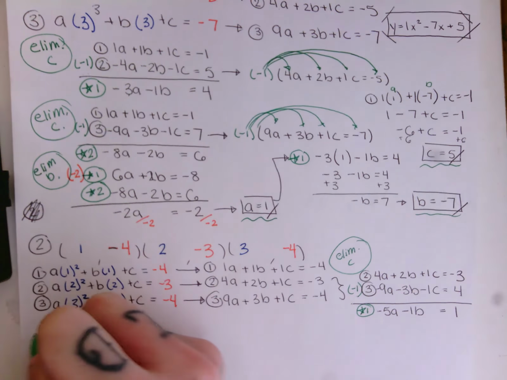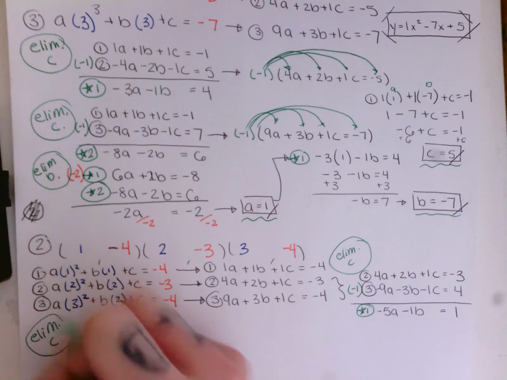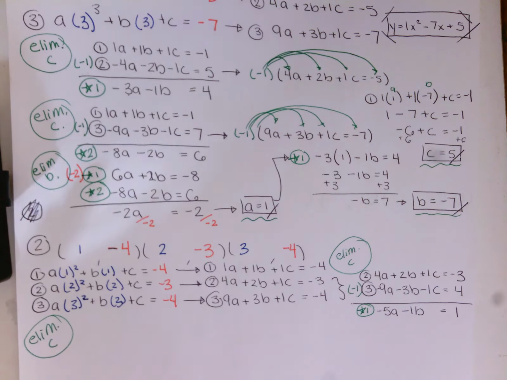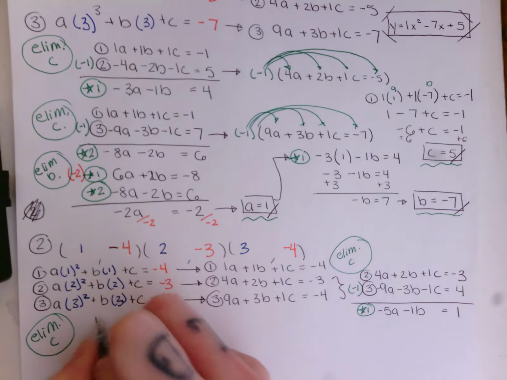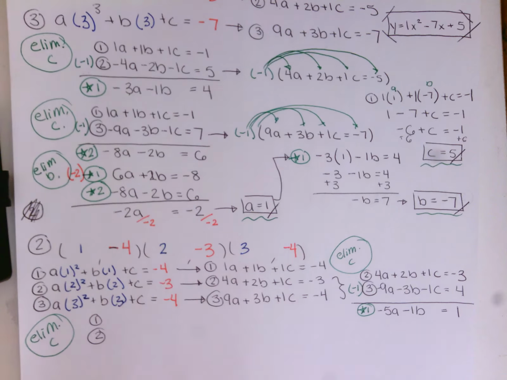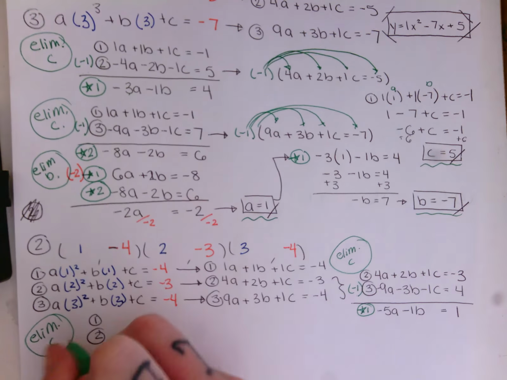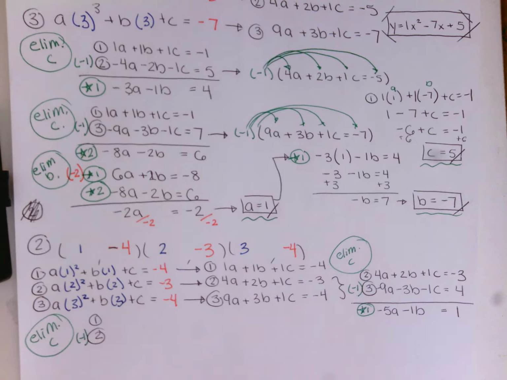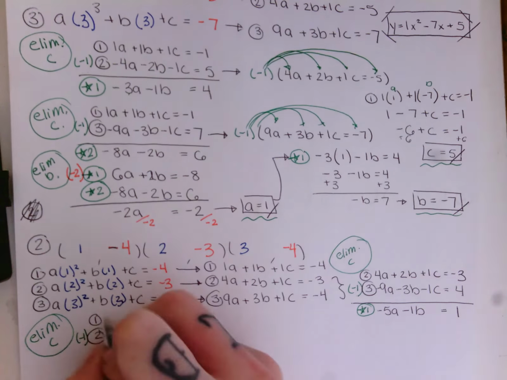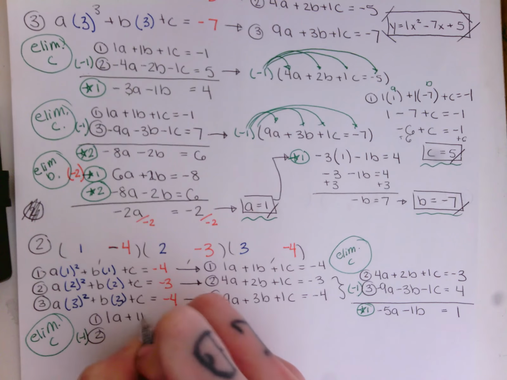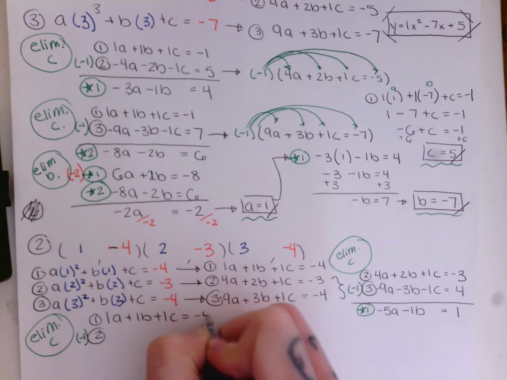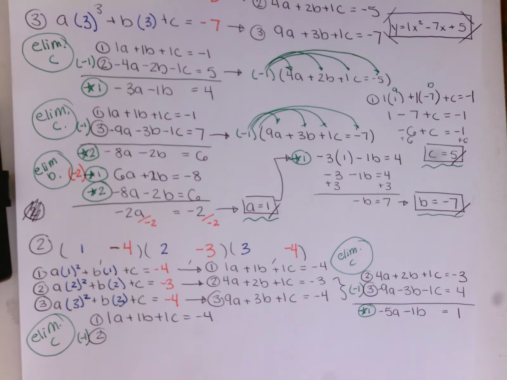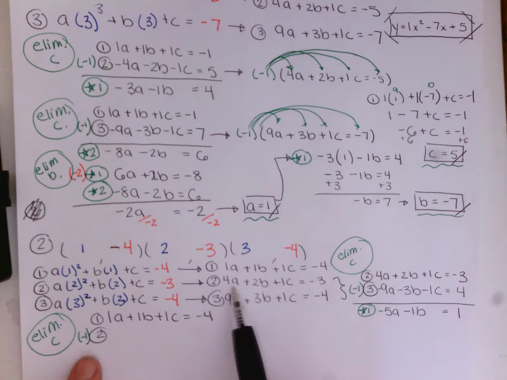So when I eliminate c a second time, I need to use 2 different equations. Let's do 1 and 2. And I need to eliminate the same variable. Hey, let's just do the second one. So let's keep the first one the same. 1a plus 1b plus 1c equals -4. And let's multiply this second equation by -1.